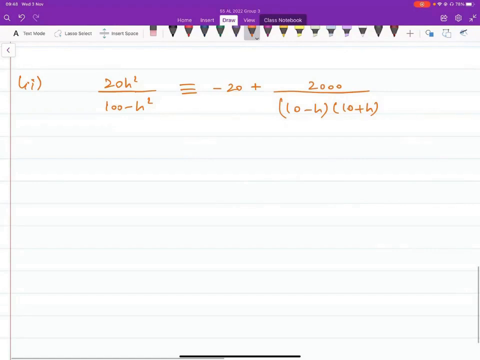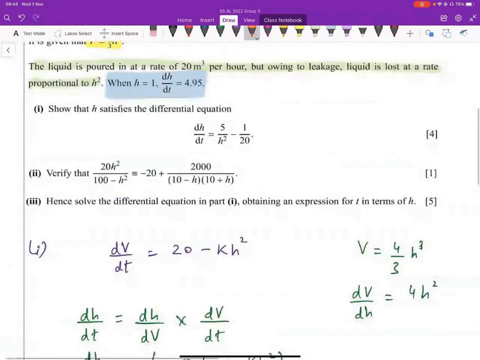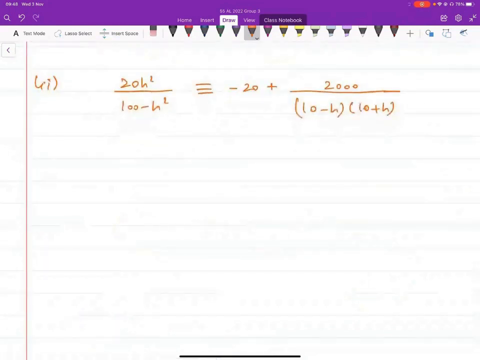We have to verify this. It's a 1 mark question. What do we do? How do you verify this?